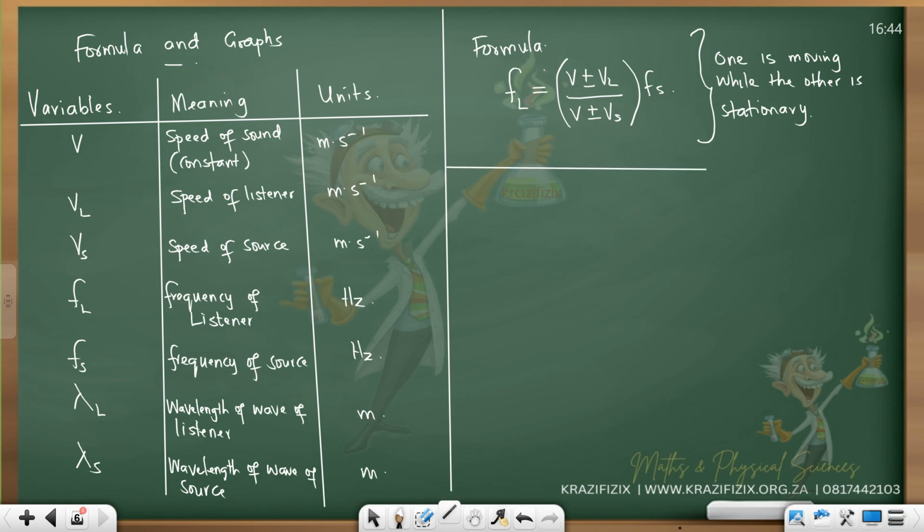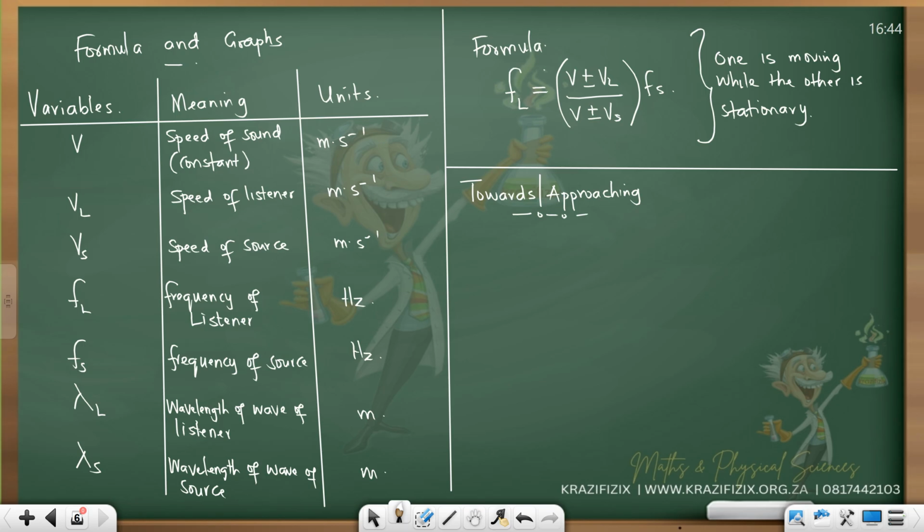Quickly, I want to break this down. Before I go there, sorry. Whenever we have towards or approaching, how do we know from values?